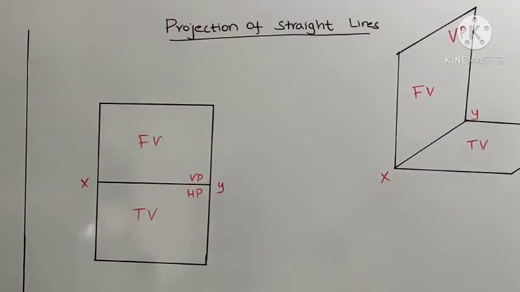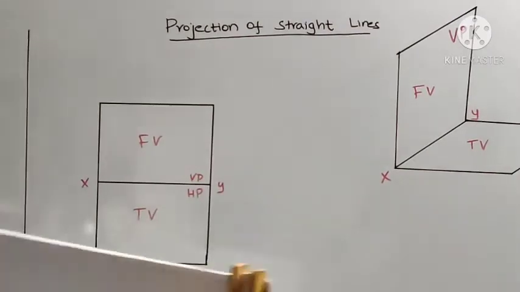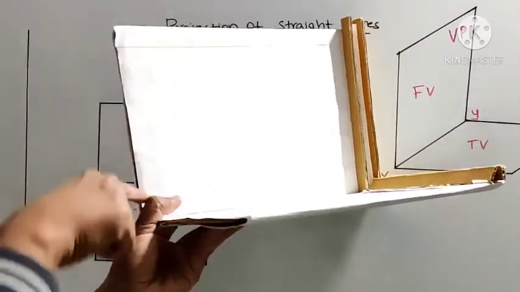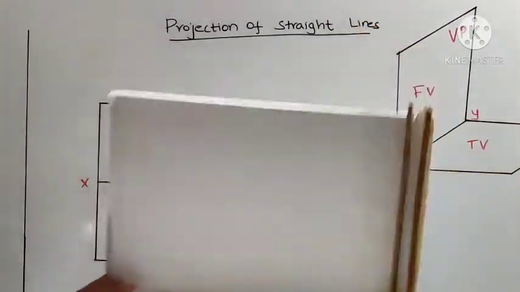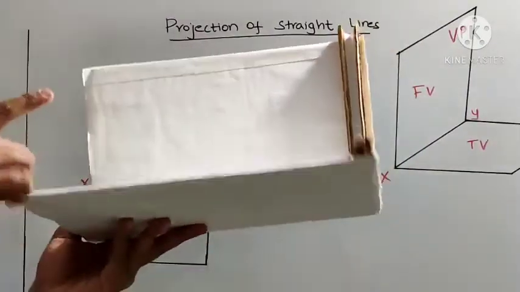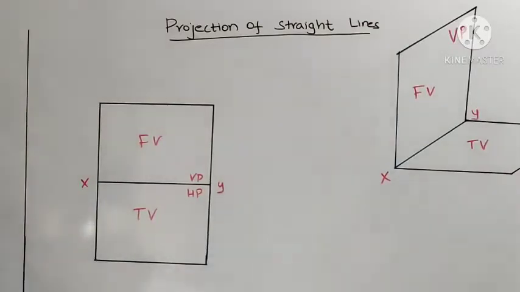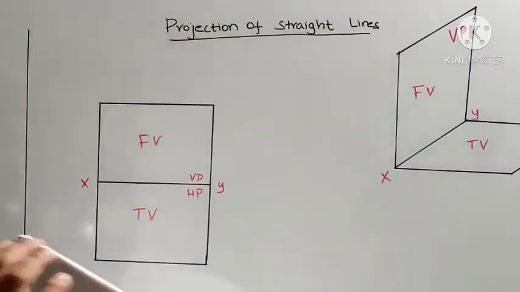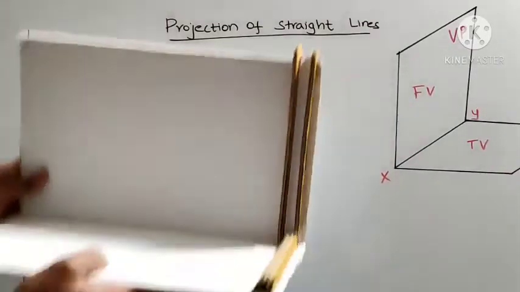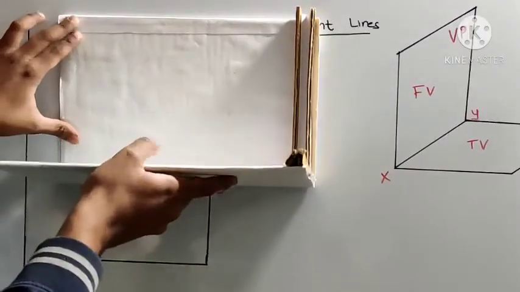Now the point is, this is the first quadrant. This is my vertical plane and this is my horizontal plane. See, for instance, I am going to align this vertical plane with this. Okay. So if I align something like this, what will happen?